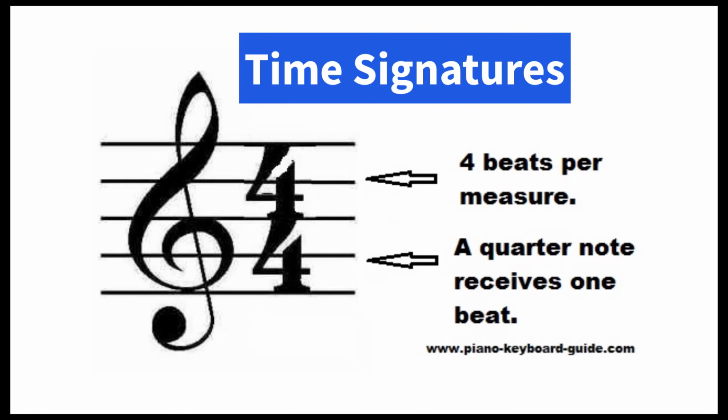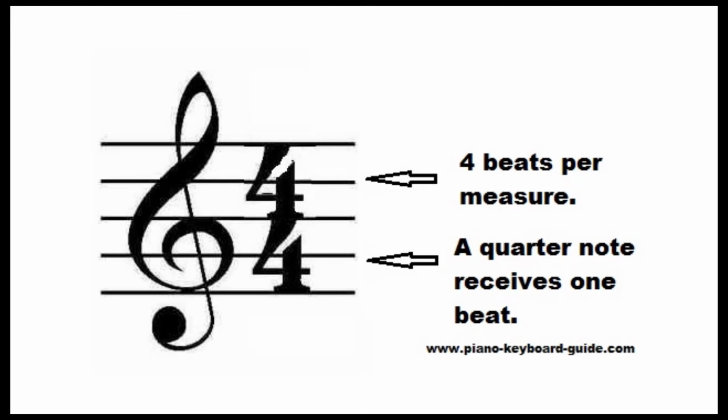Time signatures consist of 2 numbers, one stacked above the other. The bottom number tells you the note value that represents 1 beat, while the top number indicates how many such beats constitute a measure.